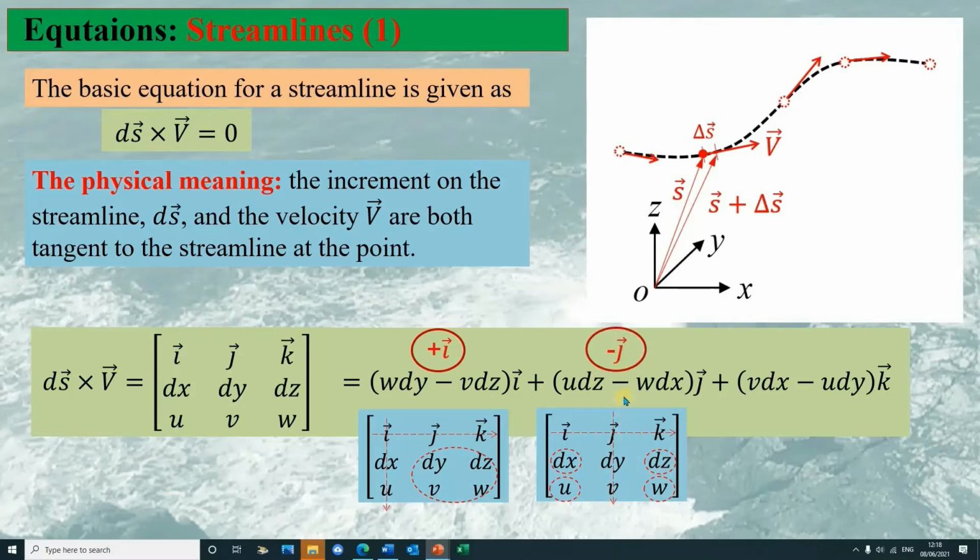However, in this case, we must take the value on the unit vector j as negative. So we have the result as this. And for the component on the unit vector k, we can calculate it this way. Here we have the positive k, thus we have the result as this.